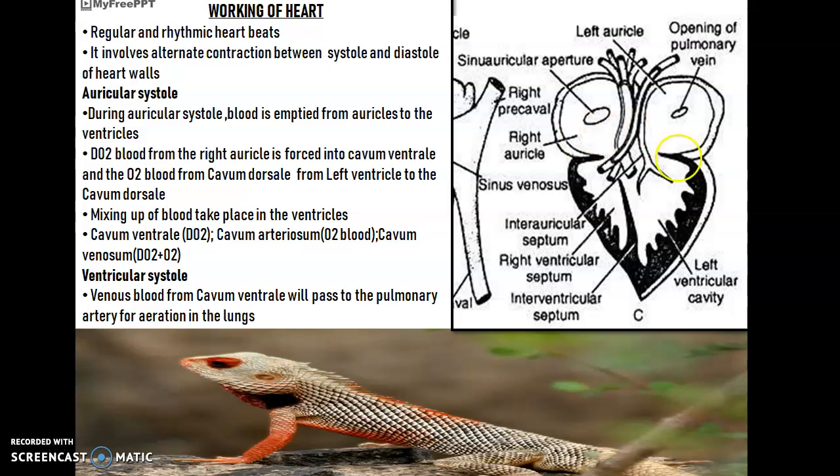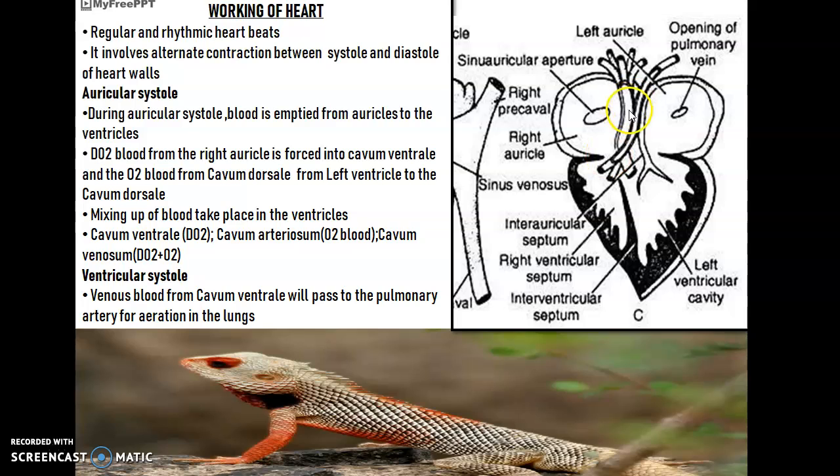We know that, considering the ventricle, in Calotes the ventricle is incompletely divided, which means there is no complete interventricular septum for differentiating the right and left ventricle.